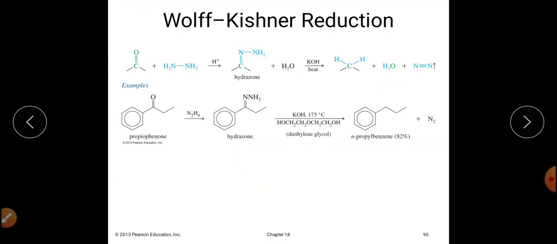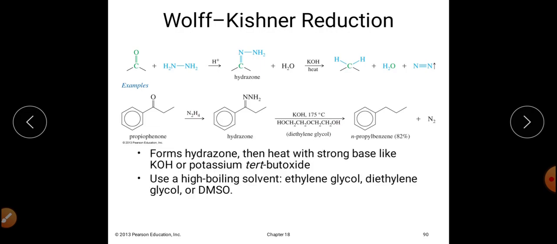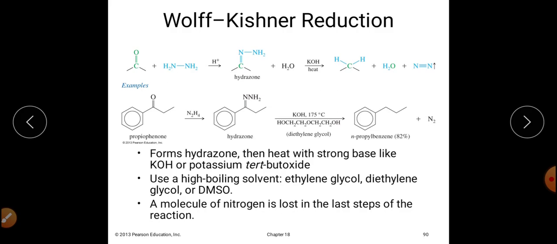Now we will come to the second reaction, which is the Wolff-Kishner reduction, which is again conversion of aldehyde or ketone into alkanes, into hydrocarbon. This reaction is generally carried out in basic medium, right, with hydrazine.